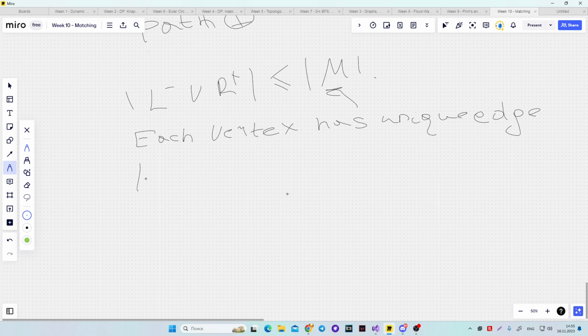Why is it true? We consider L minus union R plus less than or equal to M. Why is it true?